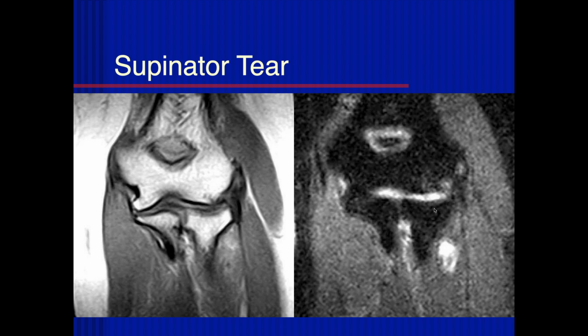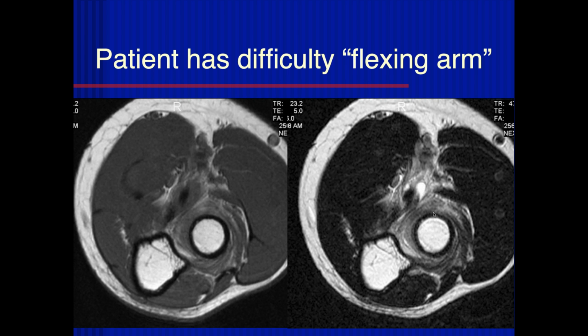Can you tell, John, if the biceps attachment is involved in any way on this? I'm talking about its attachment to the radius. Well, this is kind of a diffuse injury. I'm not sure that it's specific just for the radial attachment or not.